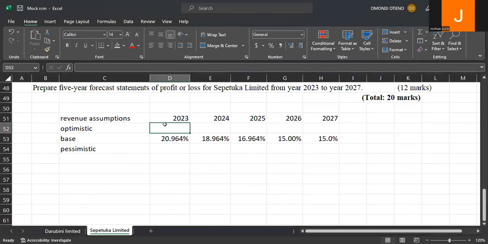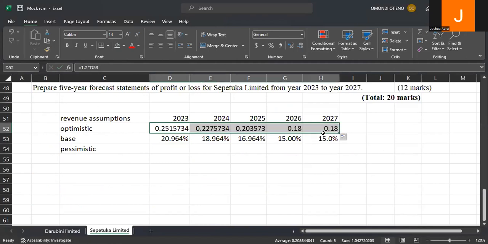So what are they telling us? That if you take this base value and you'd want to get the optimistic, simply take 1.2 of this figure, because optimistic is 20% more than that. And the beautiful thing with Excel is that the moment I've been able to get that figure, I'll be able to autofill the other side.